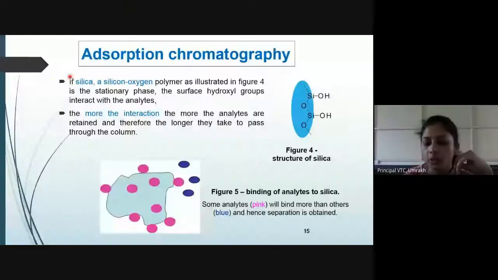We have gone through that in the slides. The stationary phase might be a finely divided solid.